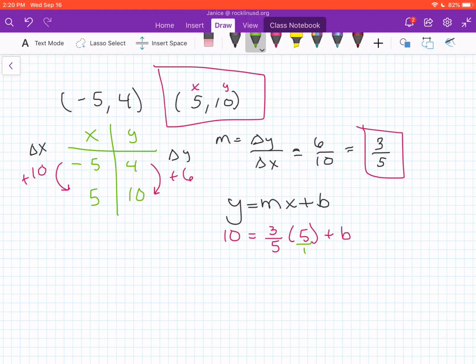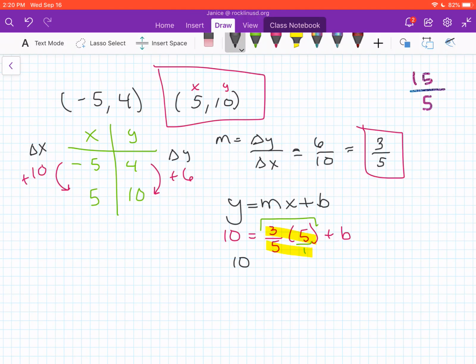Now, I know we have a fraction here, but remember that you can multiply fractions straight across. So I've got to multiply 3/5 times 5. I'm really just going to multiply 3 times 5, which is 15. So there's my 15 over there on the side. And then I'm going to multiply 5 times 1, which is 5. So I'm going to end up dividing 15 by 5, which is 3.